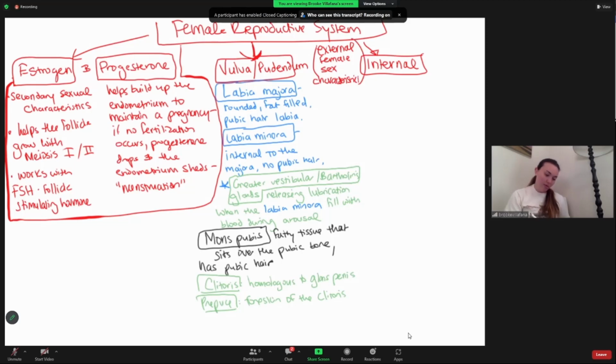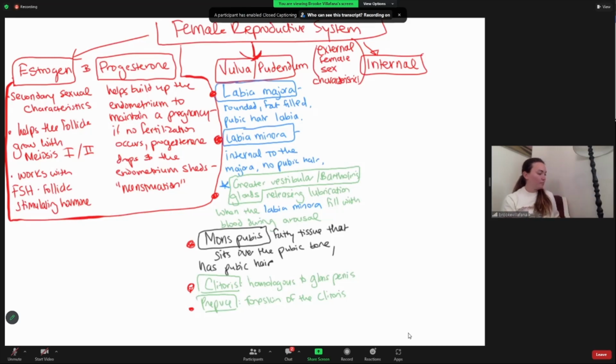Good? Sub-bullet points would be each of these. Does that make sense to everybody? Each of those is a part of the vulva or the pudendum. So it's anatomically accurate to refer to a woman's outside components as vulva, not vagina, because vagina is an internal characteristic, which we'll talk about in a second.